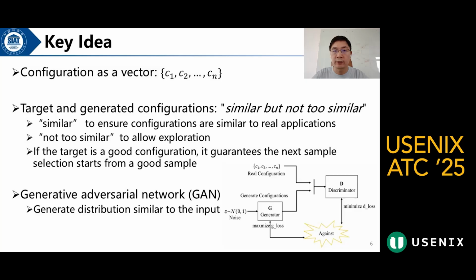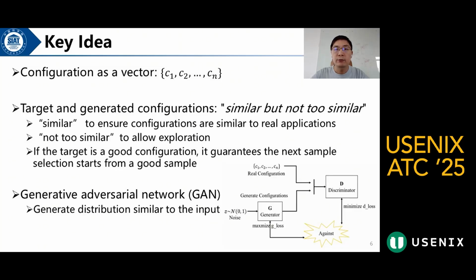Similar is to ensure generated configurations are similar to real applications. Not too similar is to allow exploration. If the target is a good configuration, it guarantees that the next sample selection starts from a good sample.